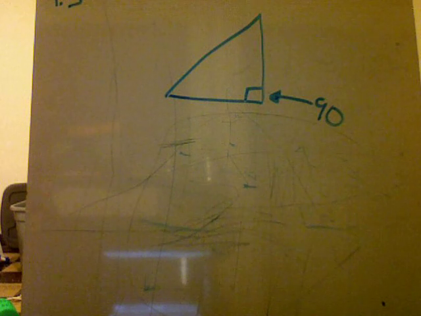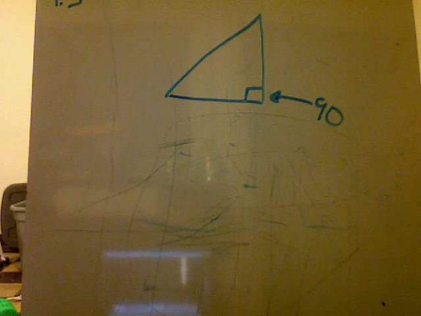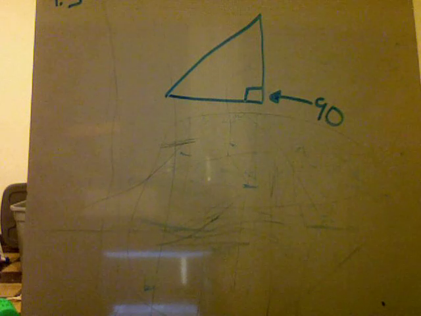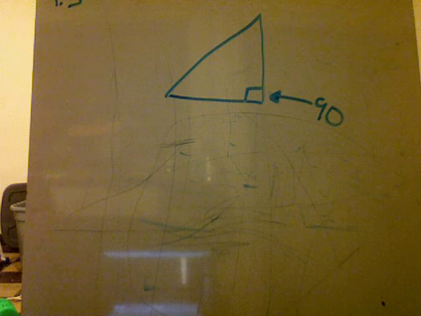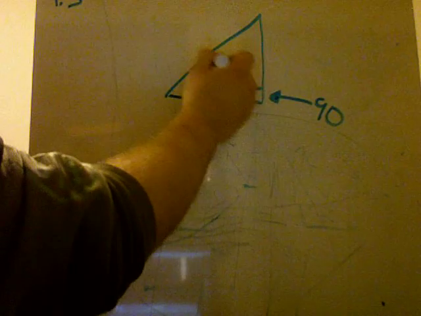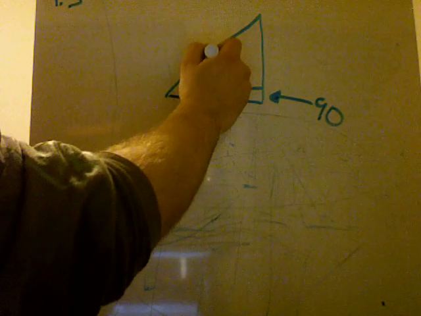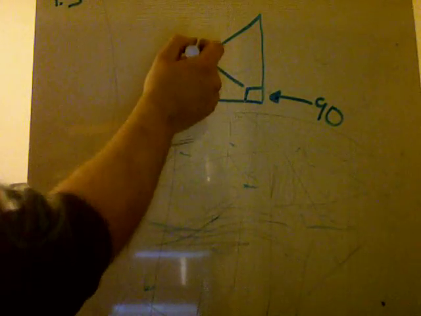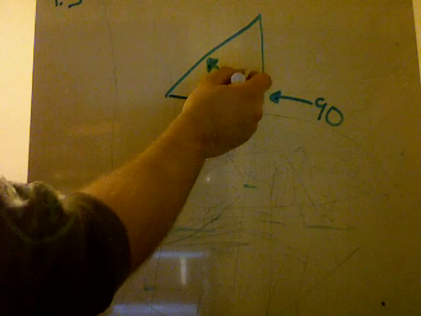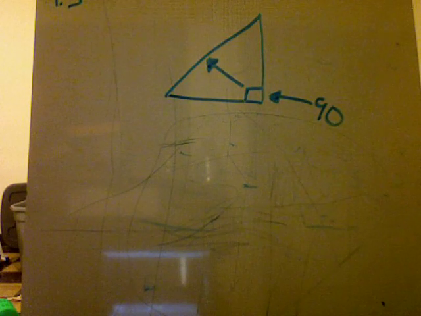Okay? So whenever you have a triangle that has a 90-degree angle in it, it is called a right triangle. Now, a right triangle has a special thing called a hypotenuse. The hypotenuse is the side that is opposite that 90-degree angle.